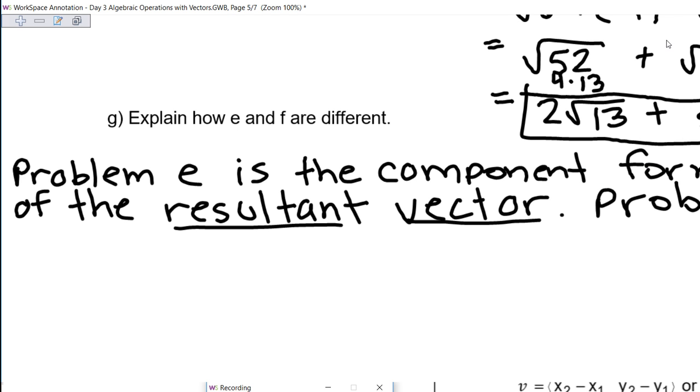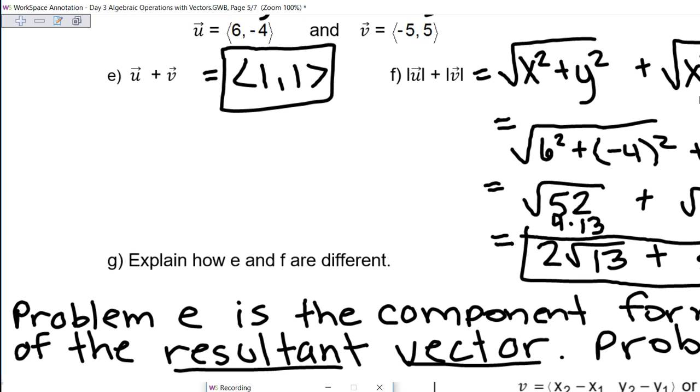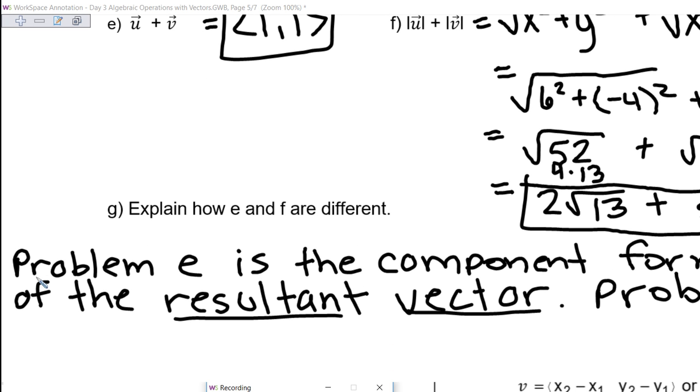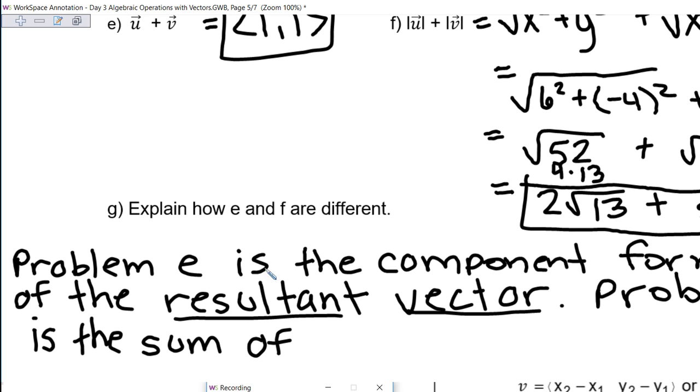Problem F, is that dealing with vectors? It's dealing with magnitude. So problem F is the sum of the individual magnitudes.